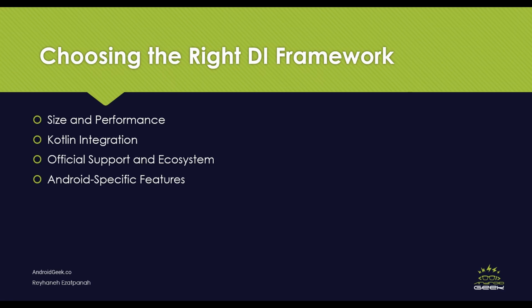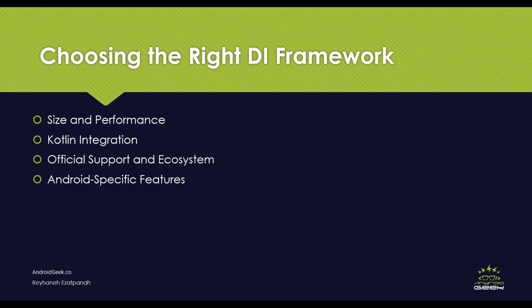Android-specific features. If your project heavily relies on Android-specific features like ViewModel injection or scoping dependencies based on the lifecycle of a component, Hilt dependency injection provides a seamless integration and built-in support for these scenarios.